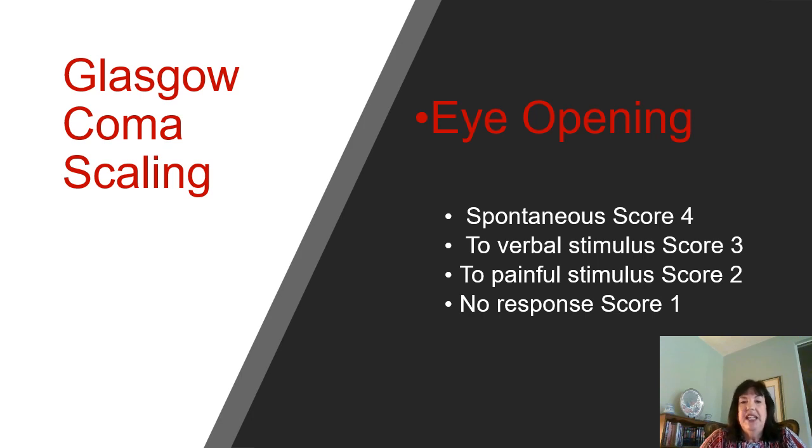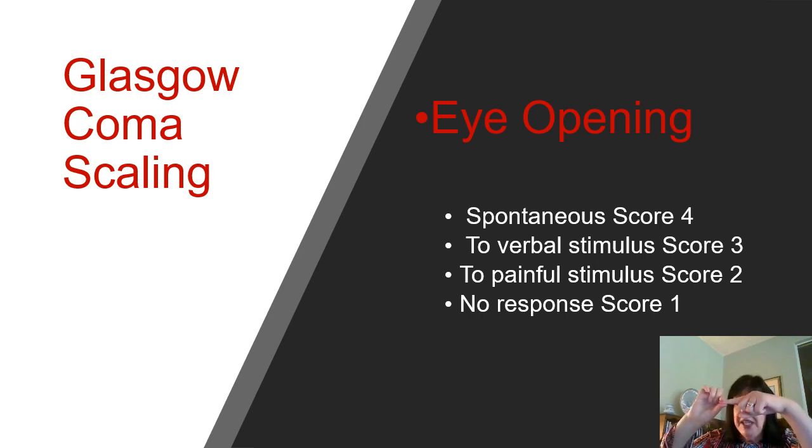If you have a patient who opens their eyes only to pain, that gives that patient a score of 2. And in that case, then the nurses are going to have to provide some kind of painful stimulus in order for that patient to open their eyes, all right? And they're checking, is that patient going to open their eyes in response to pain? So sometimes what we might do is take that patient's nail bed. I'm just using my finger right now.